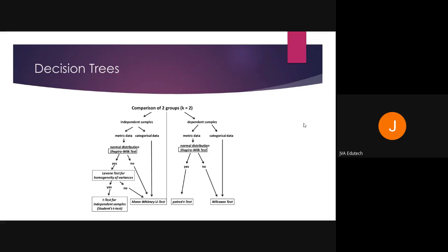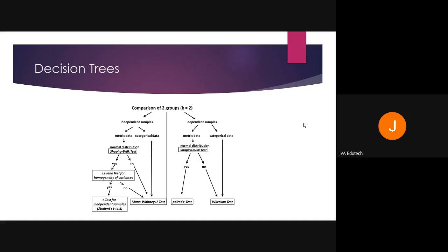If your groups are divided such that they are not mutually exclusive, or somewhere they are related, then you will go for the dependent sample t-test or paired t-test.